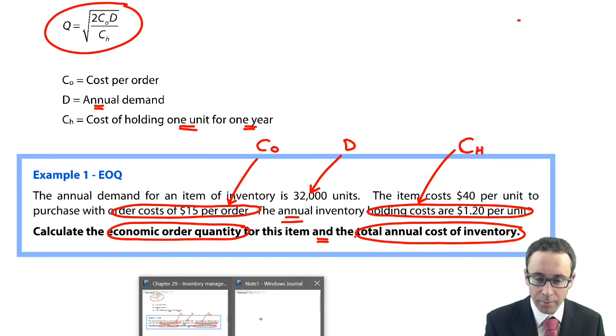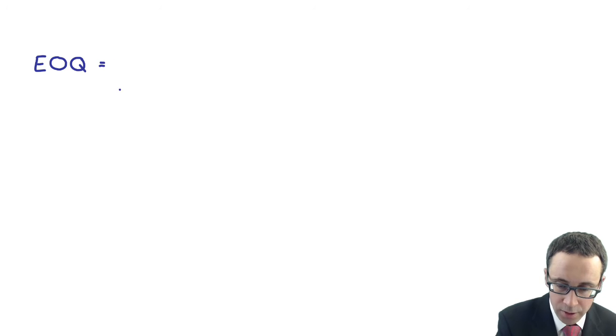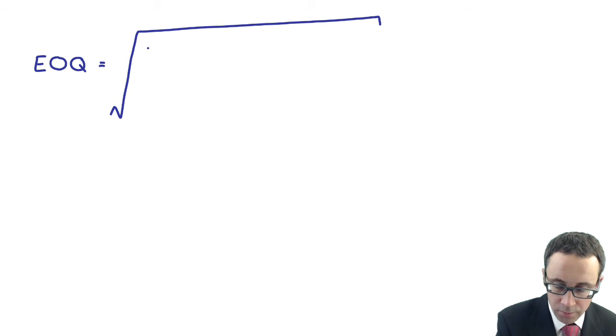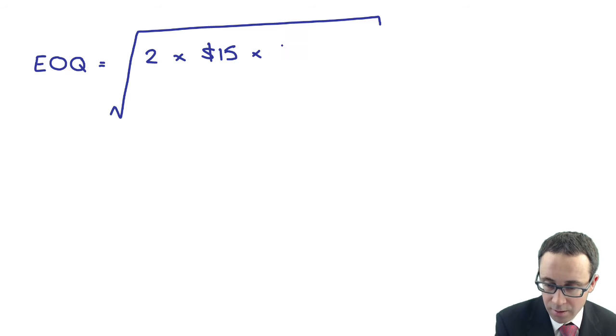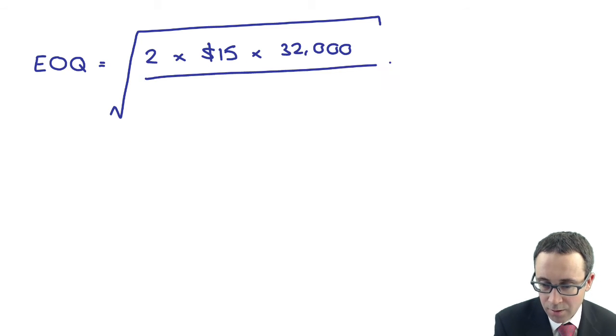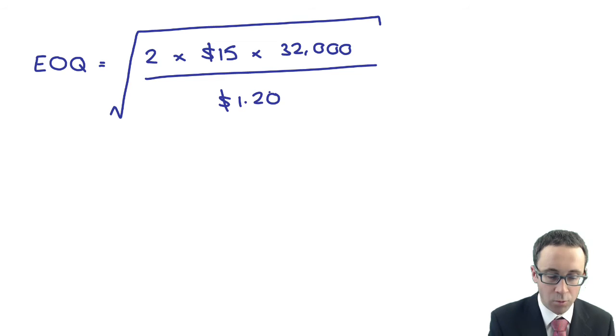We can plug in the numbers. To work out your economic order quantity, your EOQ, you take the square root of 2 cod over chips. So the order cost is 15, the demand D is 32,000, and the holding cost is $1.20.